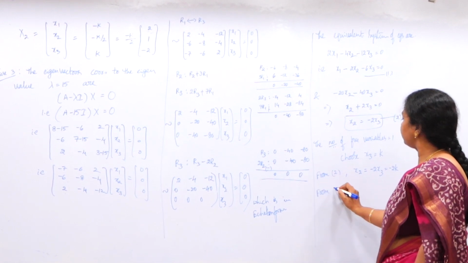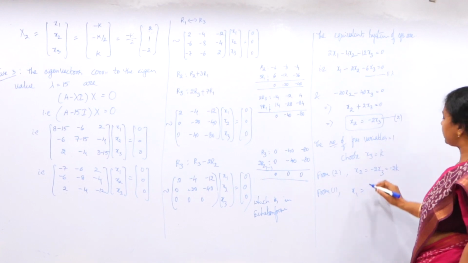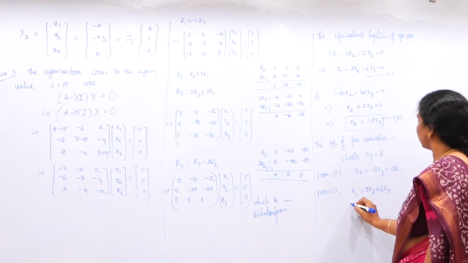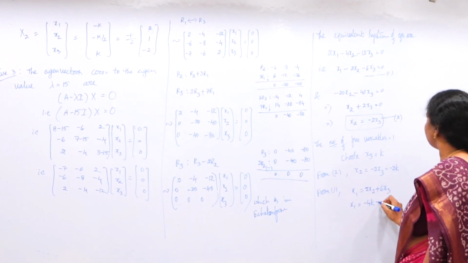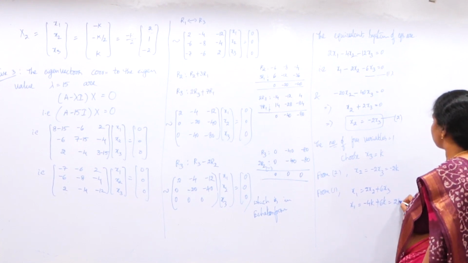From equation 1, x1 equal to 2x2 plus 6x3. So x1 equal to 2x2 means minus 4k, plus 6x3 means 6k. This is 2k.